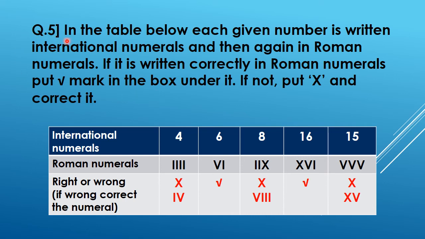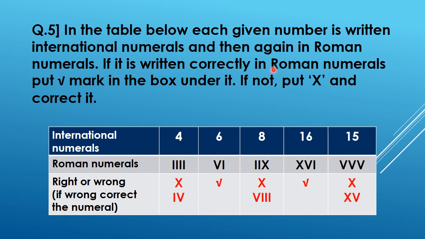Fifth question. In the table below, each given number is written in international numerals in the first row. Then again in Roman numerals. In the second row you can see, children, the numbers are written in Roman numerals also.